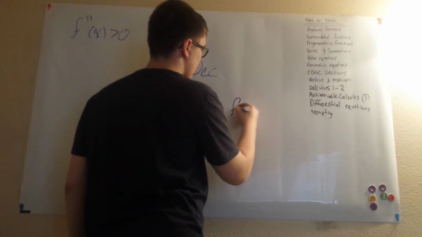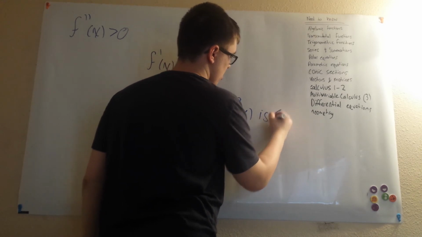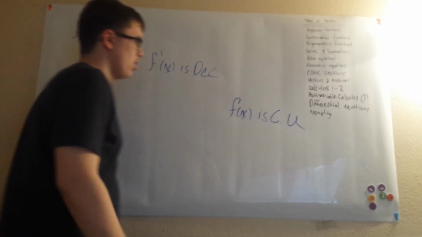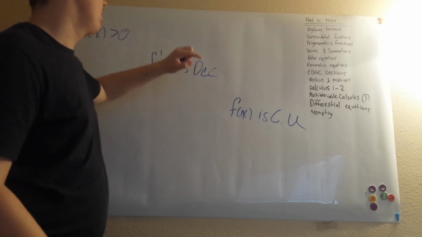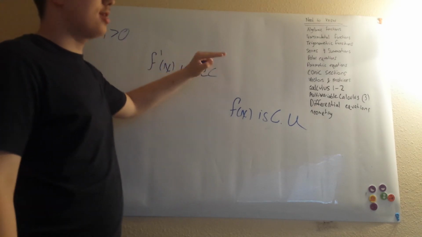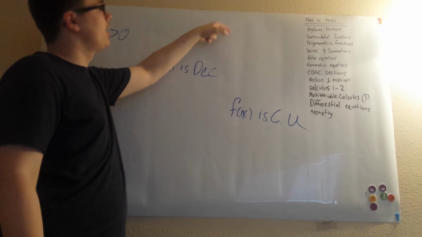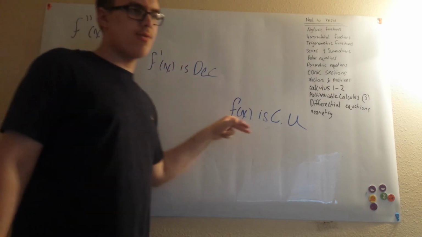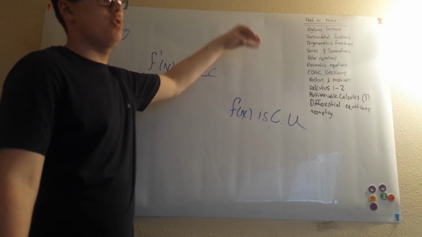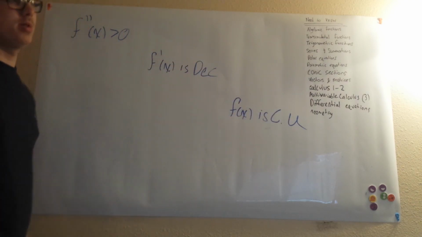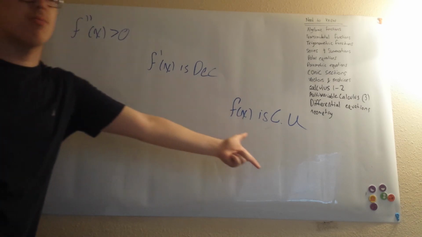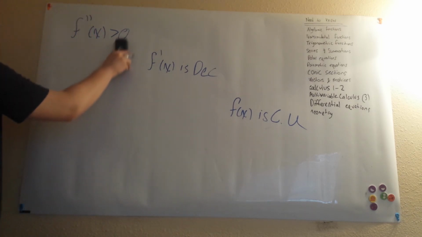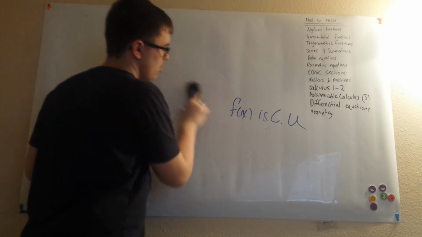And if we know that f of x is concave up, then f prime of x is increasing, and f double prime of x is greater than 0. So we have to know what every level of your derivative represents when these things happen. That's really it. It's not that much.